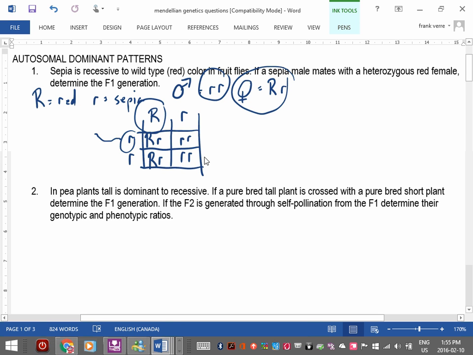You can see why I wouldn't need to do this column, because the probability is 2 out of 4 if I look at the whole Punnett square. But if I just looked at the first row, it would have been 1 out of 2, and those are exactly the same. So for the F1, you would expect 50% of the flies to have red eyes, and 50% will have brown eyes. Okay?